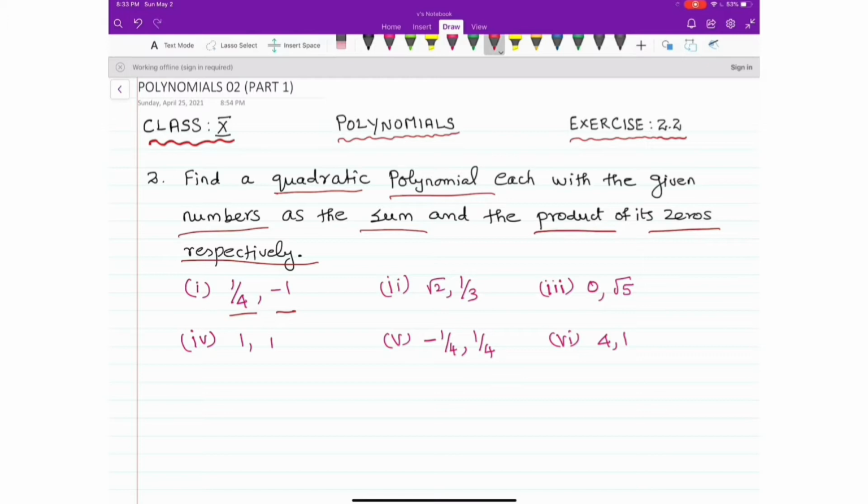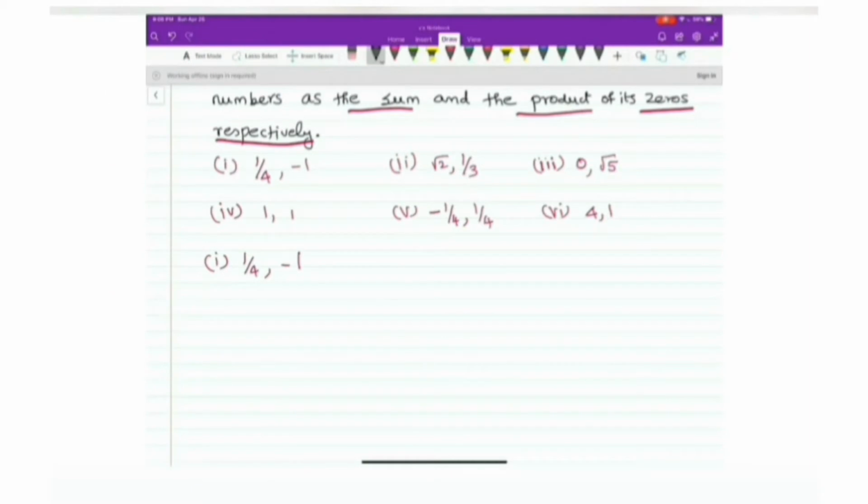Here we go. The first subdivision, 1 by 4, minus 1. Solution, you have to find a quadratic polynomial. So that is the question.